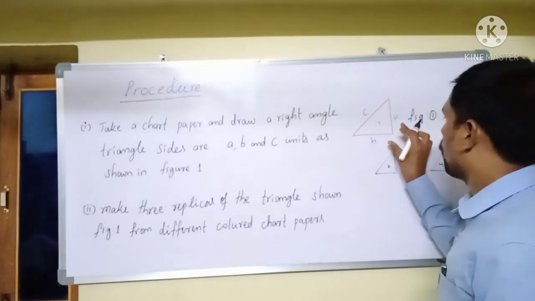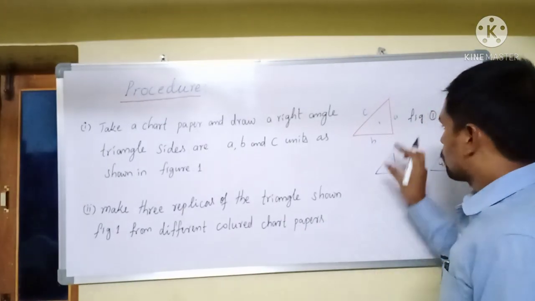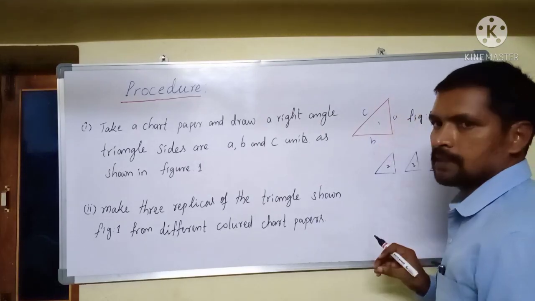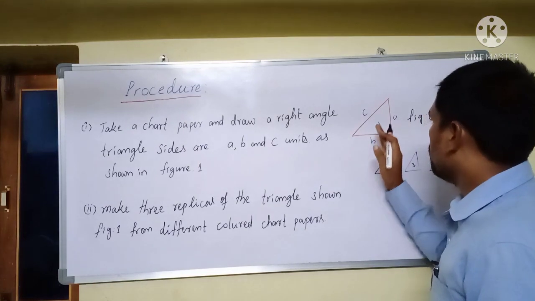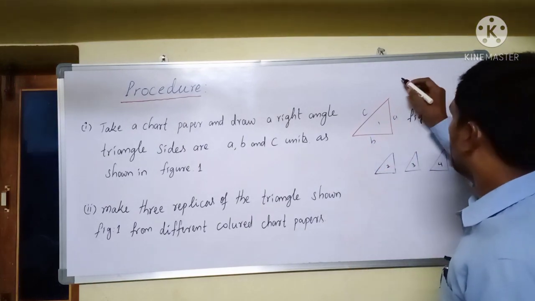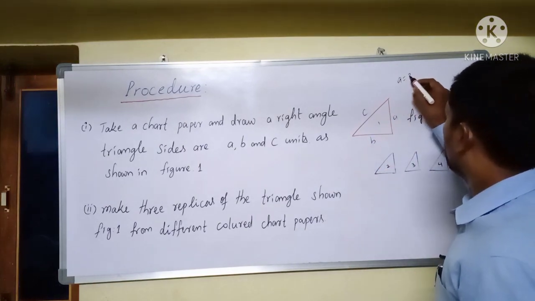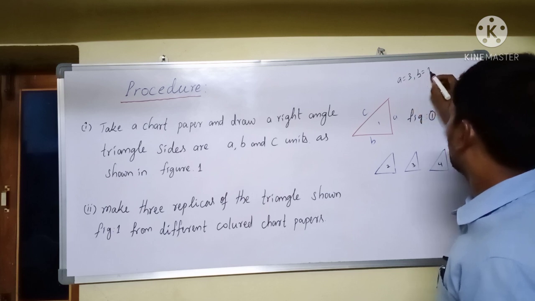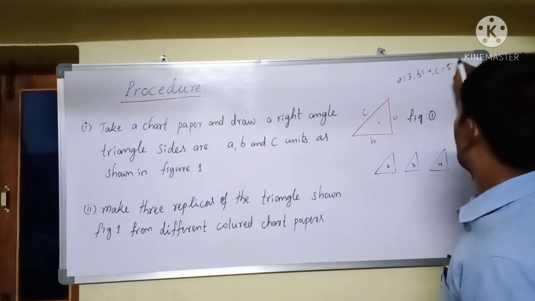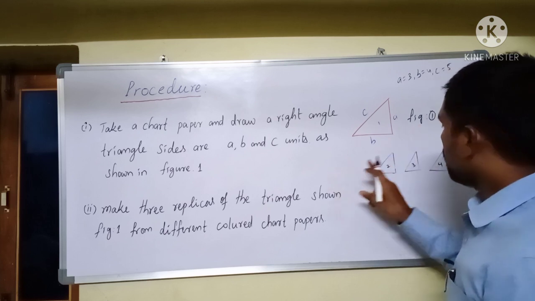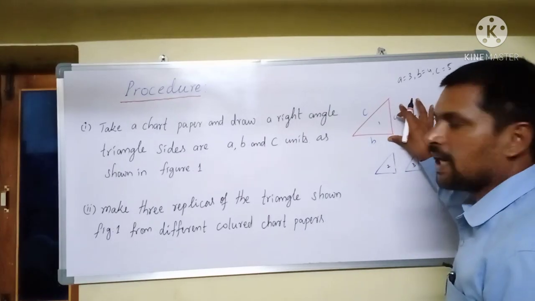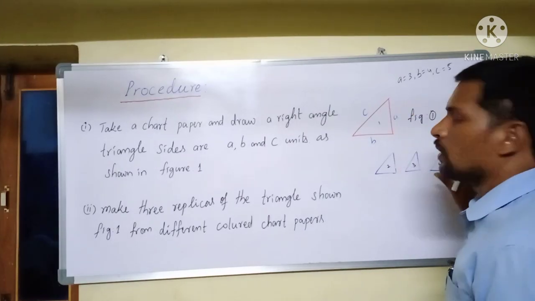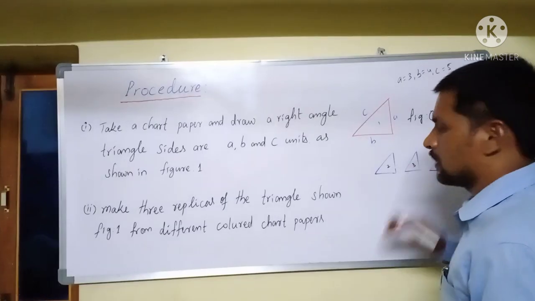So we have drawn one on a chart paper; with the same lengths, A, B, C. Suppose you take A as 3 units, B as 4 units and C as 5 units. The remaining 3 duplicates of the first right angle triangle should also use the same lengths.